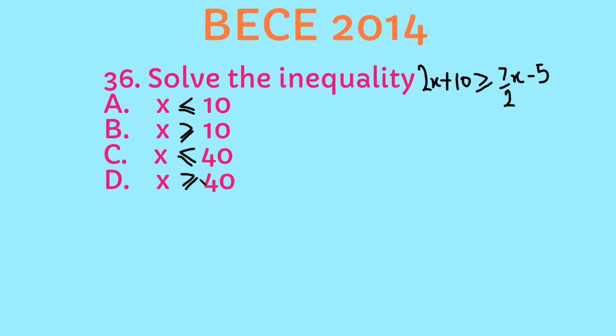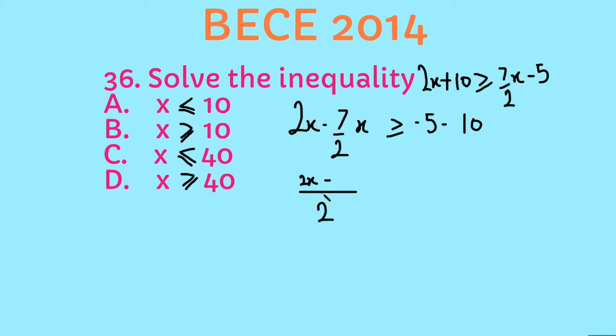Question 36, we are to solve the inequality 2x plus 10 is greater than or equal to 7/2x minus 5. To solve this, what are we going to do? We put all the x's on one side and the numbers without x's on the other side. And we solve.